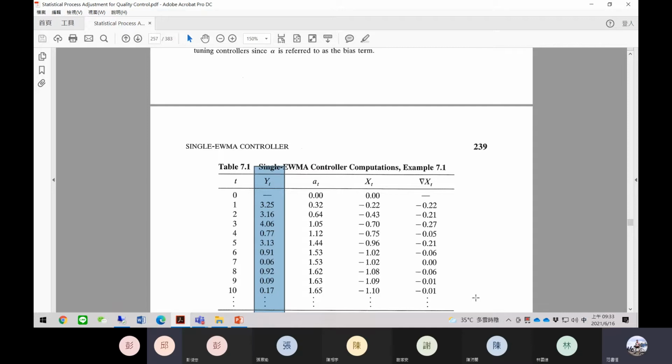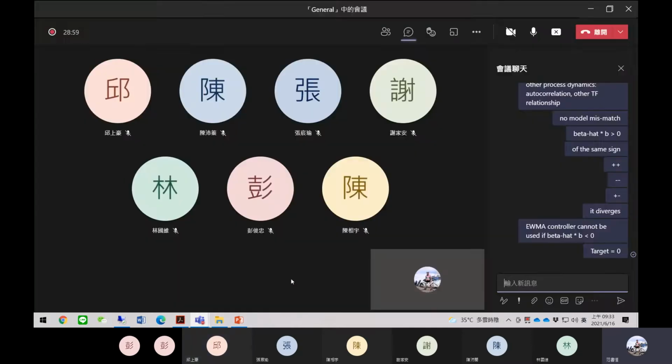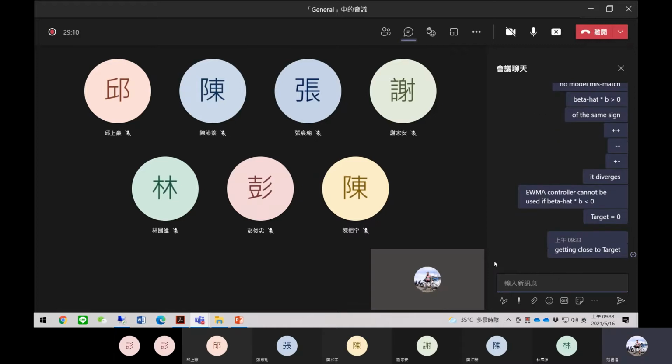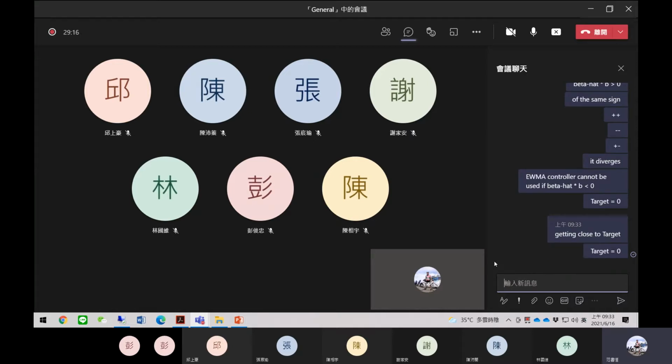It gradually becomes smaller. Yeah, very good. Getting close to the target. Target is equal to 0. Right? Cool. Very important.